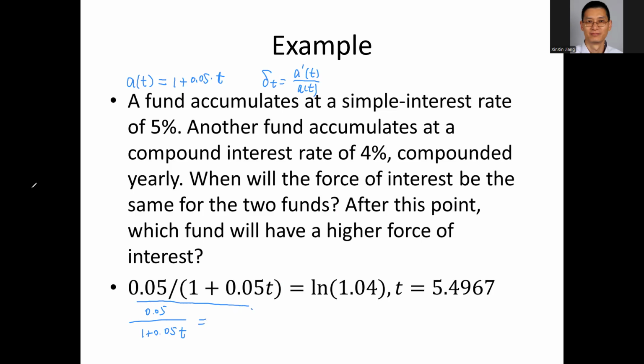And the right side is the compound scheme. So we have delta equals log of 1 plus i, which equals log of 1.04. And you solve for t.